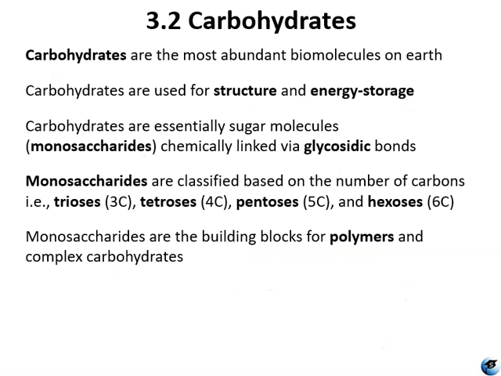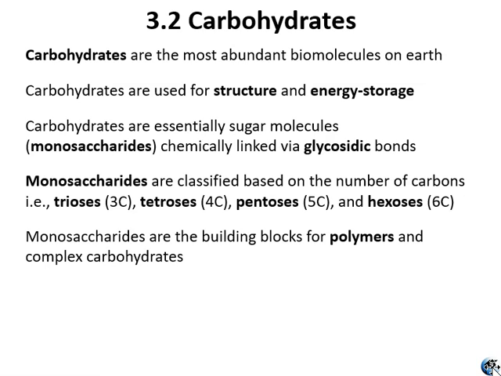Moving on to carbohydrates. Carbohydrates are sugars, starches, and fibers like those found in fruits. They're the most abundant biomolecules on Earth. There are 3 macronutrients: carbohydrates, proteins, and fats. Carbohydrates are primarily used for structure and energy storage. They provide fuel for the nervous system and muscles.